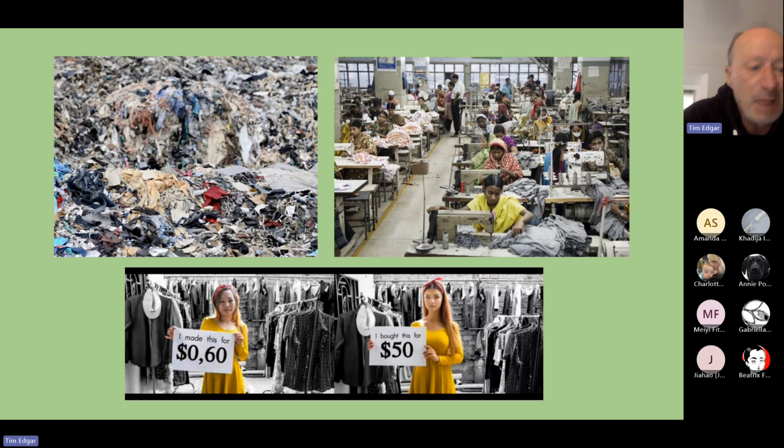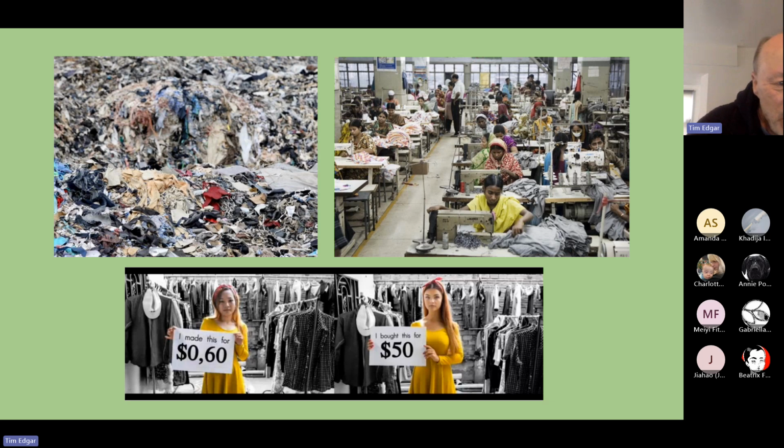And these facts could be fact checked. I'm not saying they're absolutely accurate. Fast fashion has been said to be responsible for 10% of global gas emissions, which I find hard to believe. It's quite a shocking stat. That's a lot of global gas emissions.